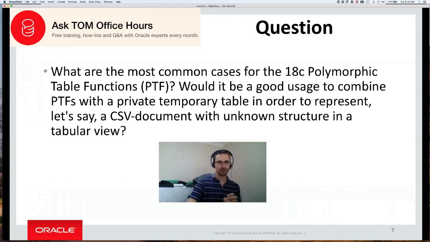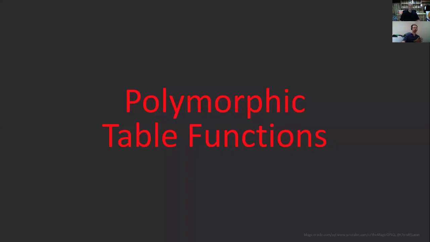And at this point, I will hop over to my slides briefly to talk about how this works in a bit more detail. And this actually relates to the question that the person had. So they wanted a dynamic CSV to columns converter.